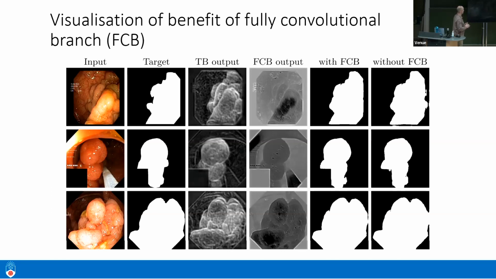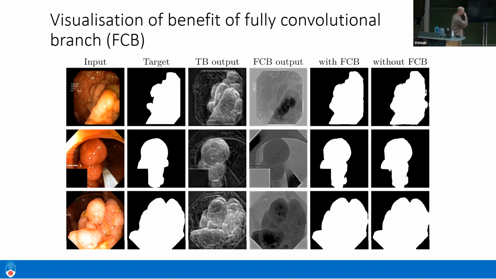to the segmentation map. So the final two columns, we have the method in the first column as it has been proposed, and then in the final column we actually set the features output by the fully convolutional branch to 0, so that we have essentially turned off the fully convolutional branch to see how it benefits the final prediction.